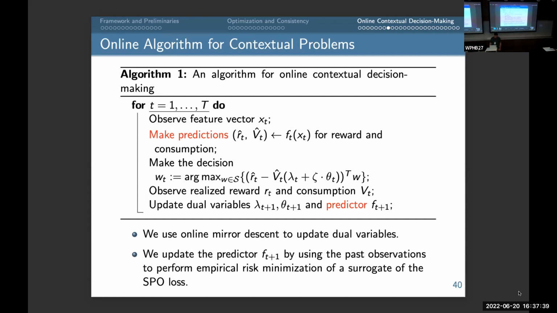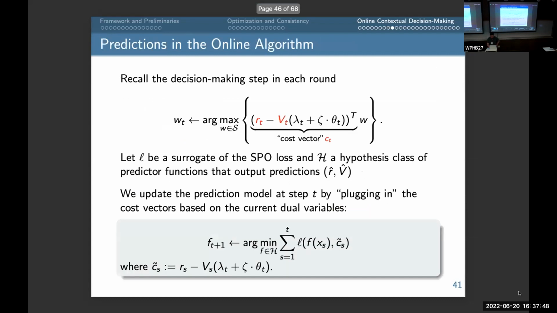And then we update the predictor F hat T plus 1 by using the past observations to perform empirical risk minimization of a surrogate of the SPO loss, right? So we look at these past observations of cost vectors. We consider a surrogate of the SPO loss, L, which could be the SPO plus loss, it could be least squares loss, it could even be the SPO loss itself, if you can actually optimize that.